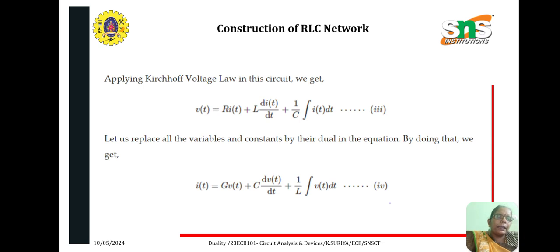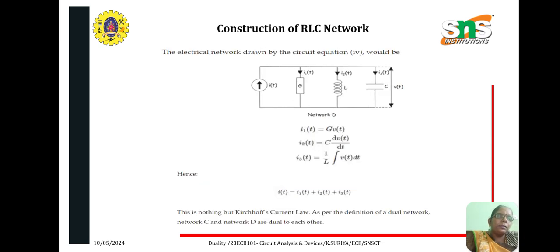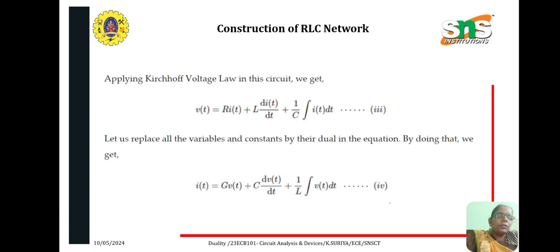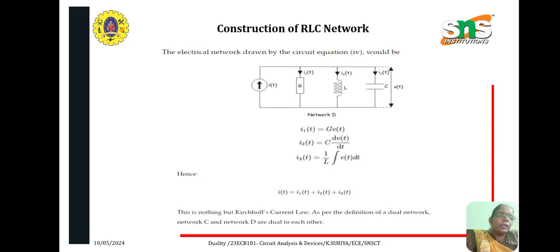If you draw the diagram for this, you will get it like this. Here you have the current I of t. Current means everything will be in parallel, so G in parallel with C in parallel with L. If you write I1 of t, I2 of t and I3 of t, how will you write it? I is equal to V by R, but since it is G, you write I1 of t is equal to G into V of t.